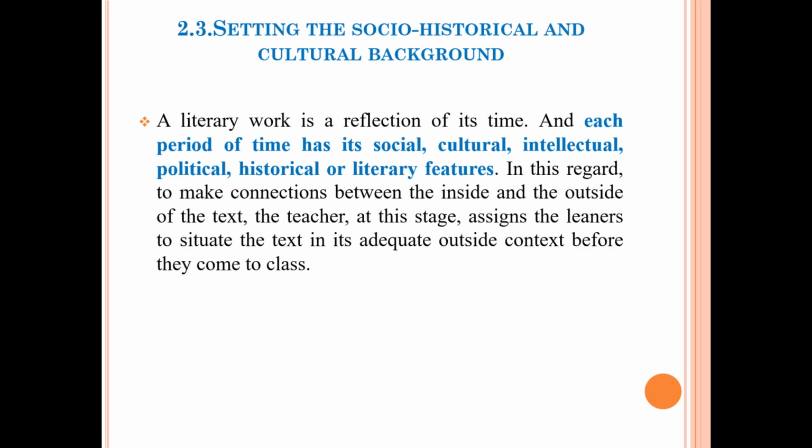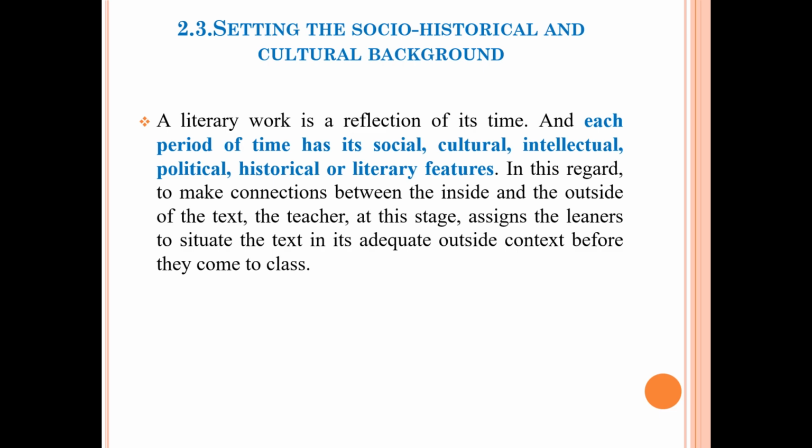Another point to consider in teaching literature is the setting of the socio-historical and cultural background. Of course, if the teacher is not following the formalist approach, and if he needs this information for class discussion later on, he can assign the students to look for historical, cultural, political, or any features of the period of the work, and then come into the class to use them for discussion.